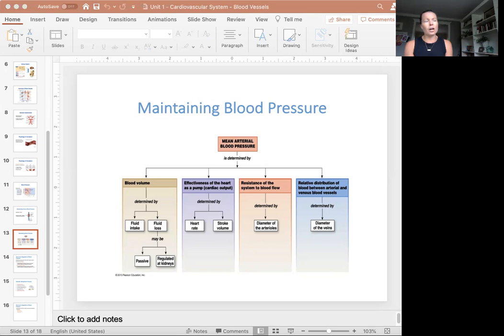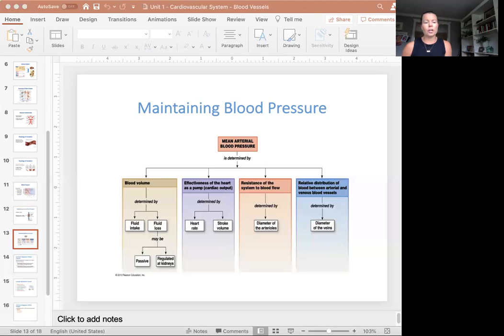So there are a couple types of receptors that are located in the body, specifically in major blood vessels and in the heart, that monitor blood pressure. So baroreceptors are pressure sensitive receptors. You have these in the aorta and the carotid arteries, for instance. So they are monitoring blood pressure constantly.